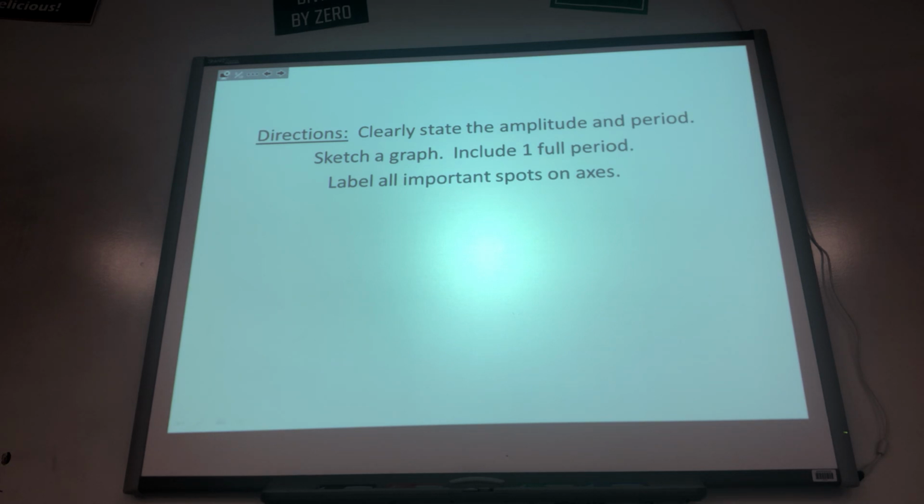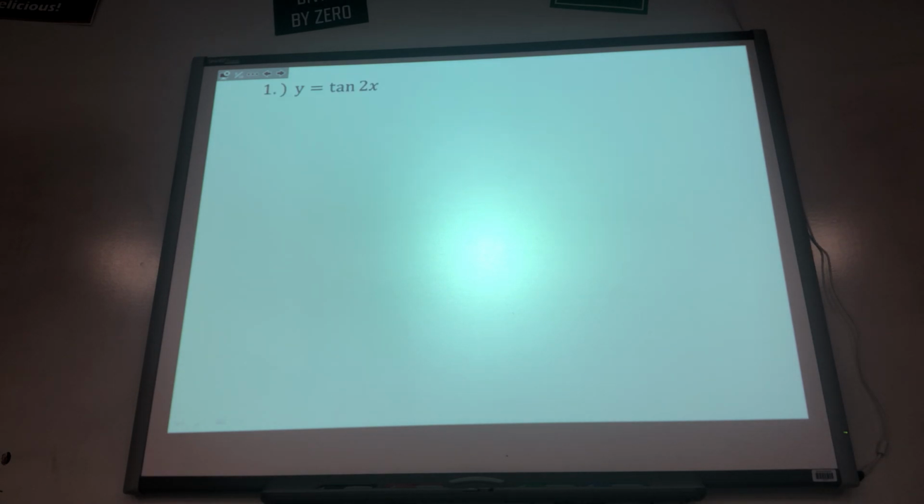Okie doke. Tangent and cotangent all have 2 asymptotes, a center point, and then you use your amplitude to kind of fill in the rest. Okie doke. I may not leave that up there too long because again, it's the same directions that we've had for the past few days.